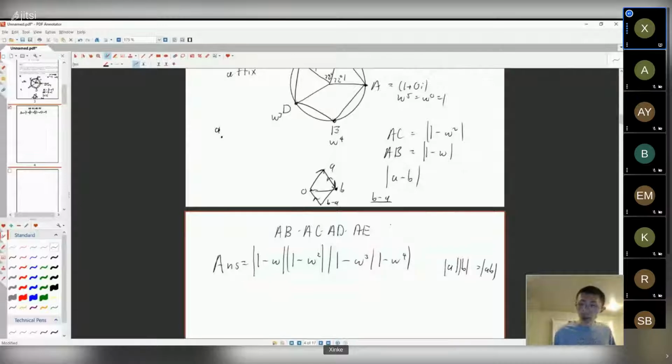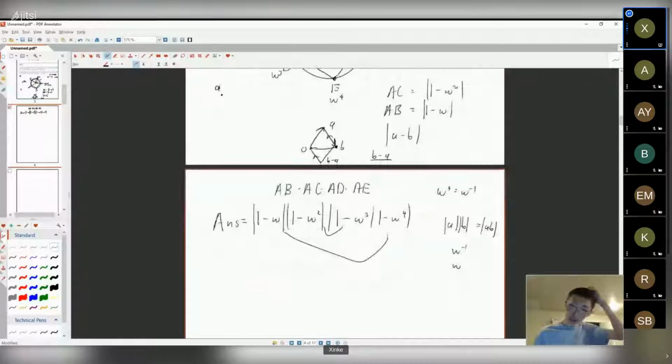So also by symmetry, omega to the 4th is omega to the -1. And omega to the -1 and omega are conjugates of each other, right? Because they both have magnitude 1 and they have opposite arguments. So these are the same and these are the same.